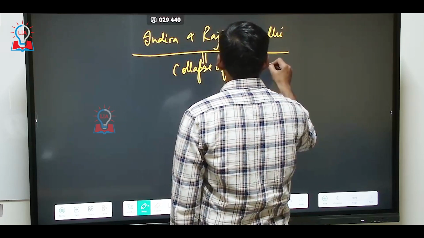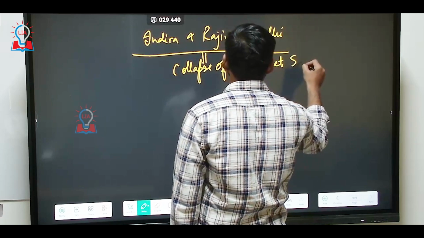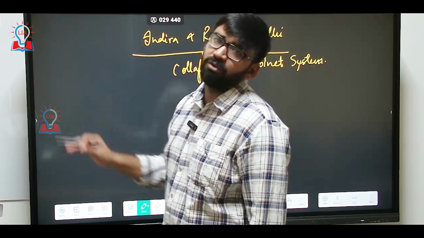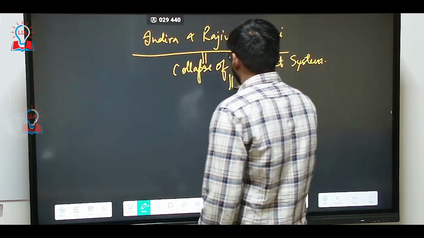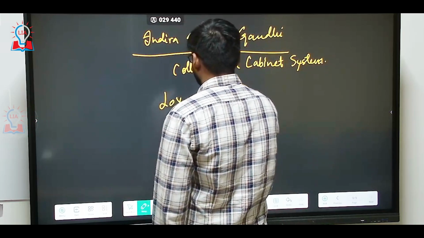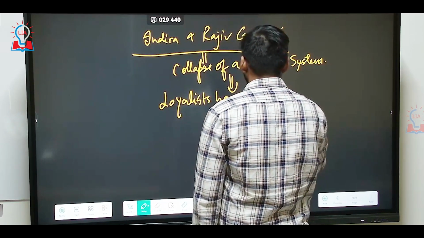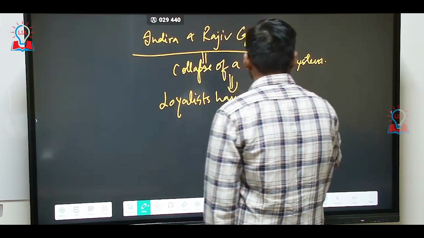Collapse of cabinet system means here that cabinet system was not powerful. Loyalists, those who were loyal to the prime ministers, have greater say.